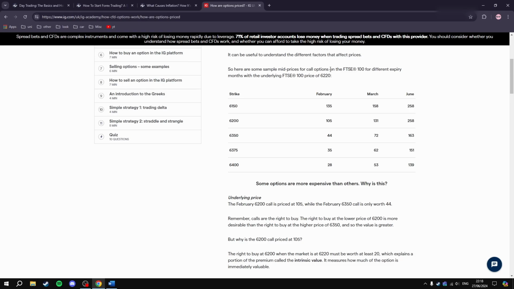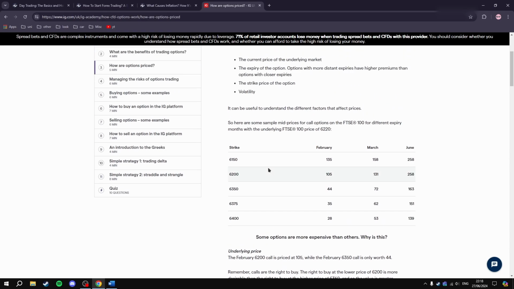Oh, so, right, okay, I see. So, the strike price, so FTSE 100 in February ended up to be, no, this is the options premium price, isn't it? So 6220.